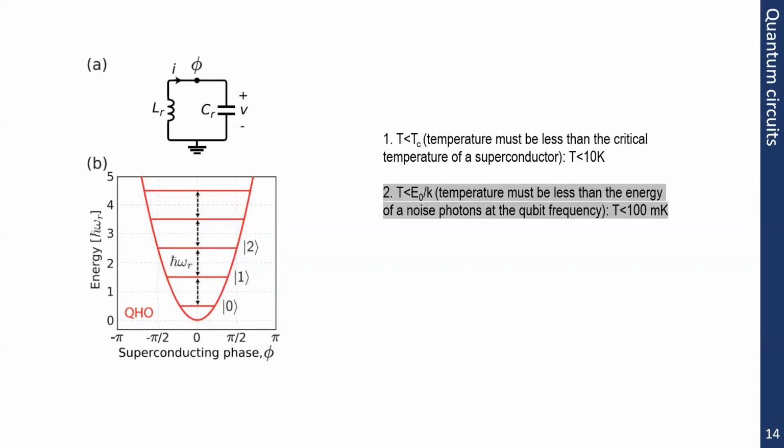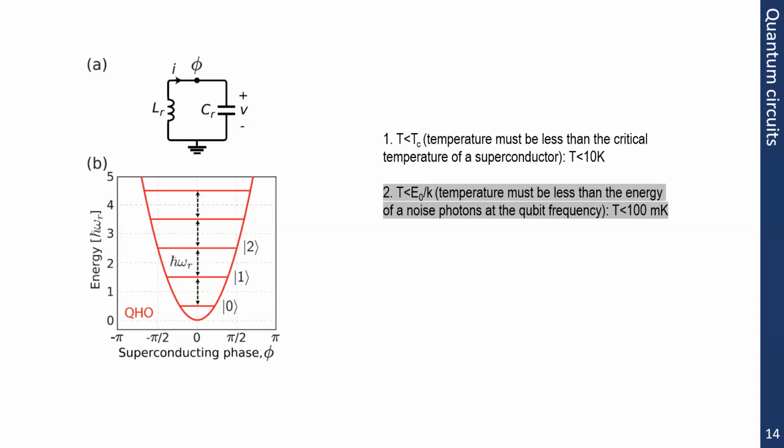Unfortunately, it's not enough to cool down the system just to 1 Kelvin, for example. Why? Because even at 1 Kelvin, we get temperature noise, the noise that is associated with the finite temperature in the system.